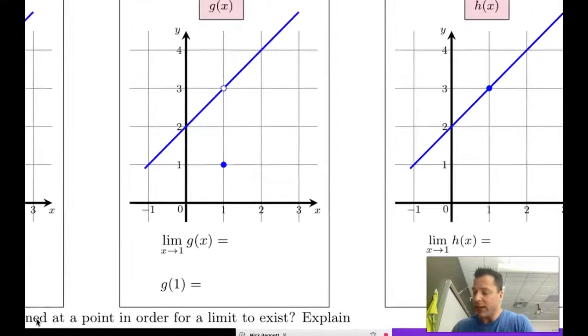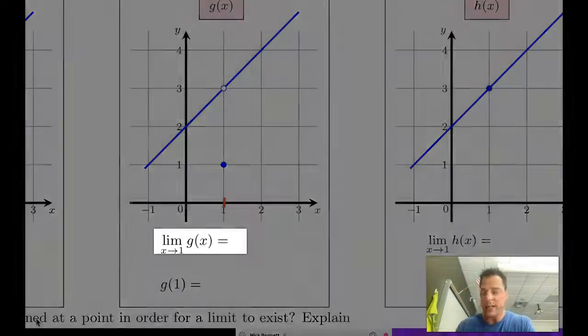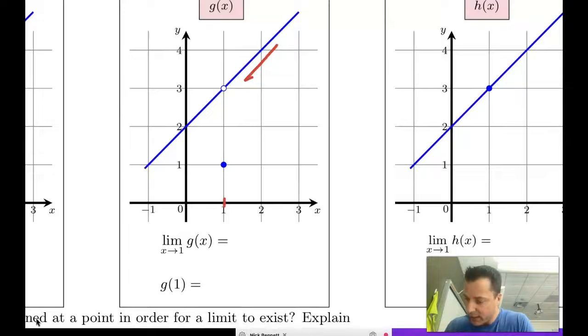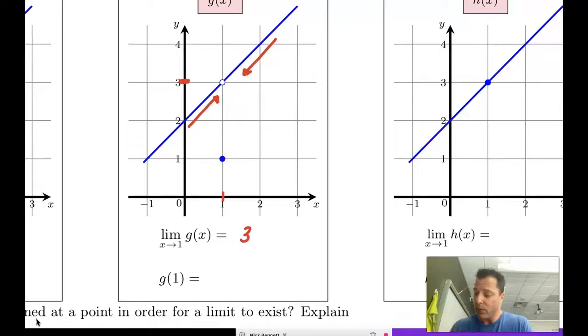So let's look at g of x here. And g of x looks like the same graph, and we're also approaching 1. So what's the limit as x approaches 1 of our function? If I look from the right of that number and from the left of that number, here's 1, and I'm approaching the output value of 3. And notice there's still a hole in the graph, but something's different. I have this new point down here.